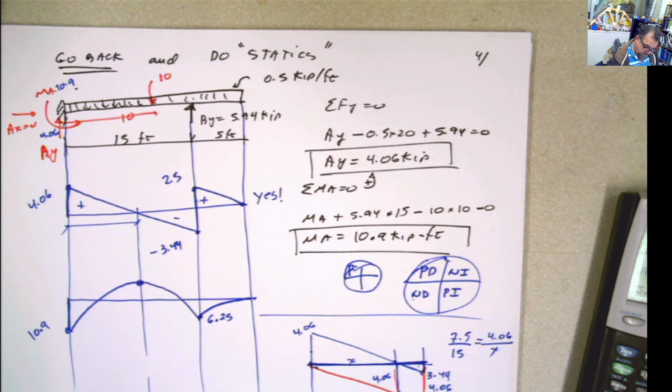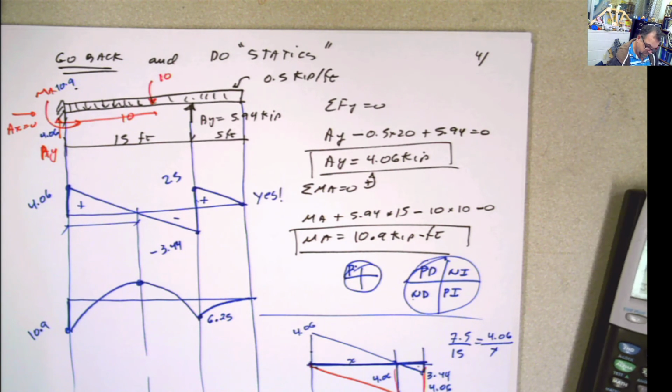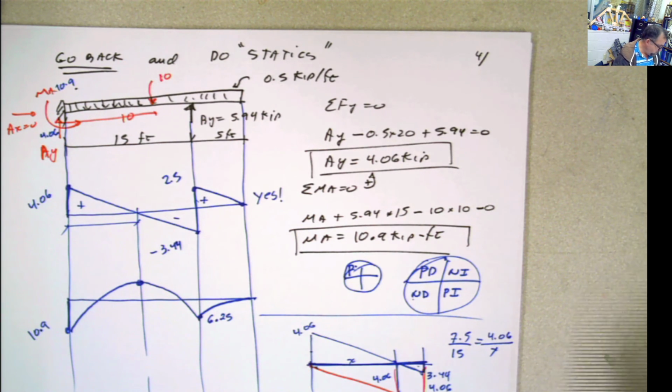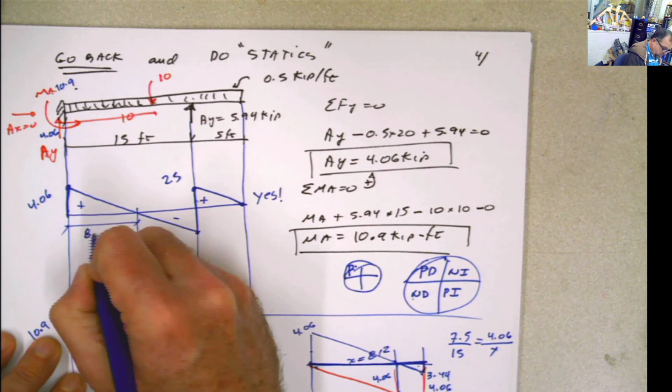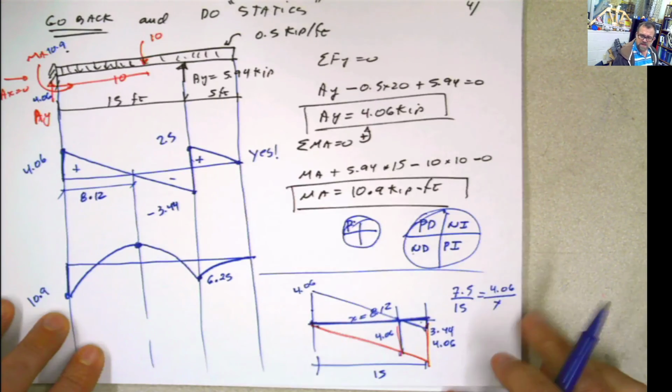So x is going to be equal to 4.06 times 15 divided by 7.5, which I don't know why I didn't multiply by 2, and that's equal to 8.12. So x equals 8.12. This distance is 8.12.